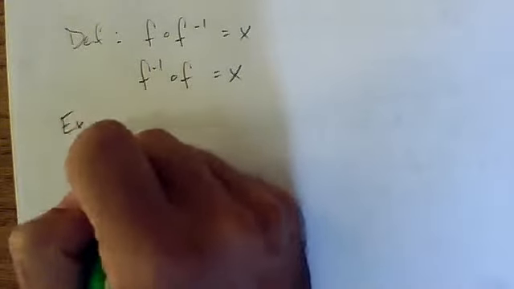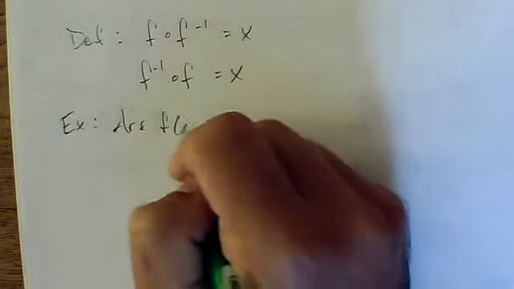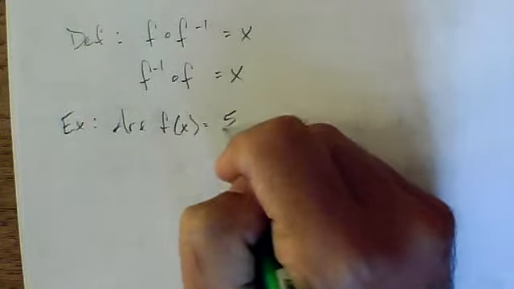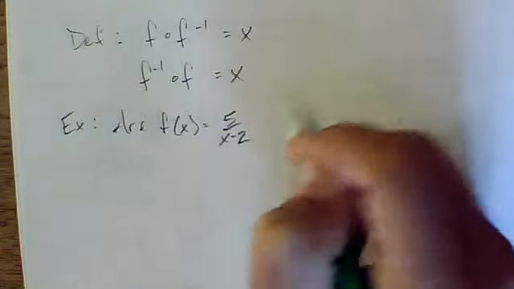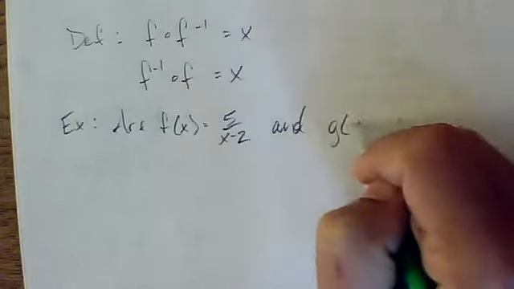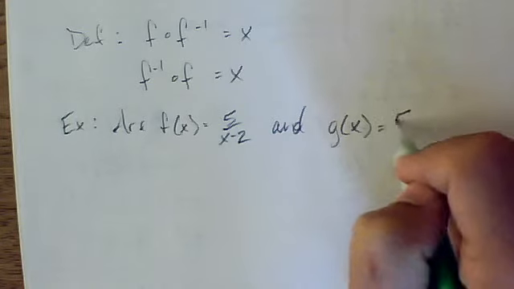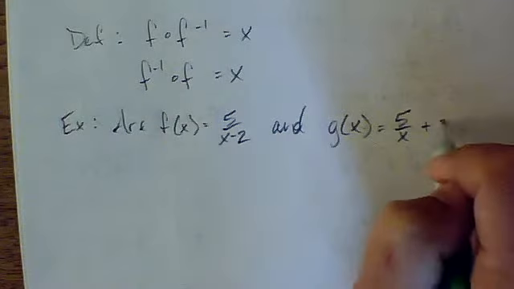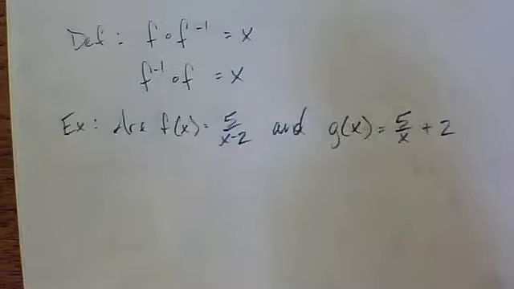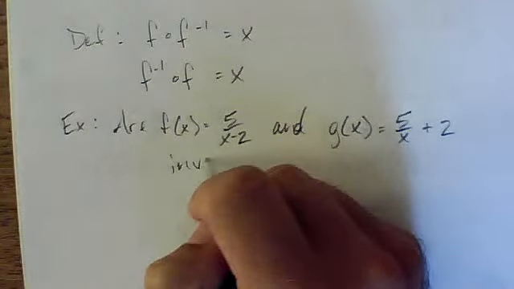Now, for example, we'll say that f of x is the rational 5 over (x minus 2), and g of x is the rational 5 over (x plus 2). So are f and g inverses is the question.